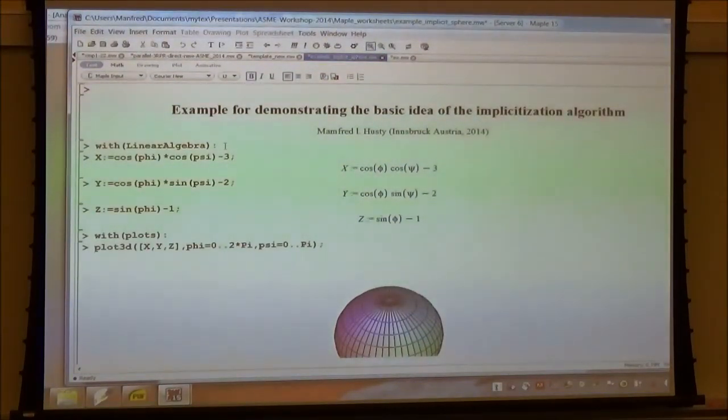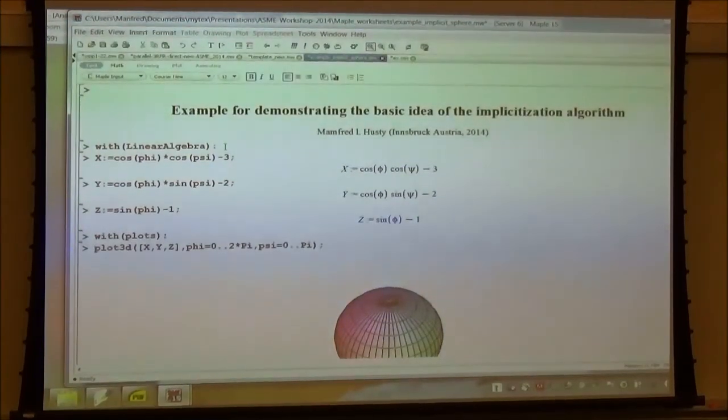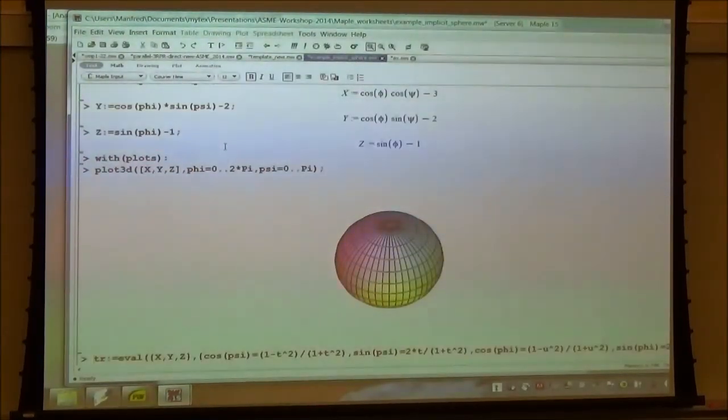To show you that this is really a sphere, I plot it. Okay, this is plotted. What I do now is I want to use algebraic parameters. I replace the sines and cosines, and you have to do this in a manipulator realm too. You have the sines and cosines from the forward kinematics equations. You replace sines and cosines by half tangent substitution. This is done here.